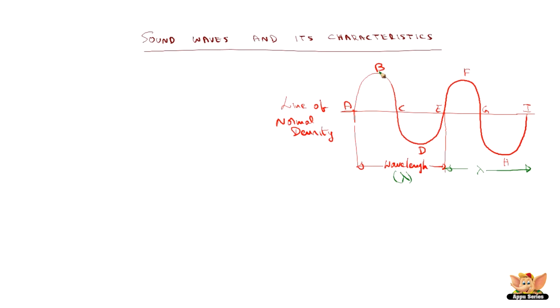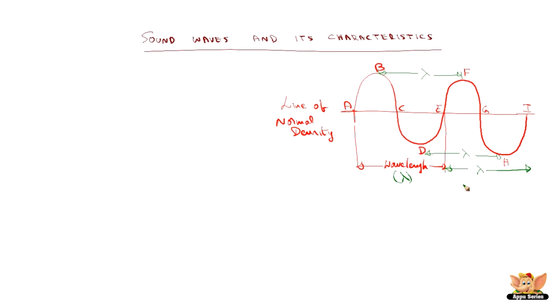That is, if we see the distance between B and F, B and F are the compressions, so this is also lambda, and in a similar manner between the consecutive rarefactions D and H is also lambda. So the distance between two consecutive compressions or two consecutive rarefactions is also a wavelength.